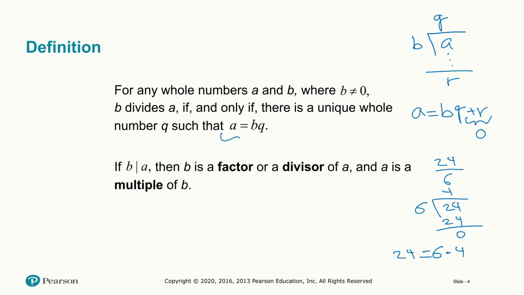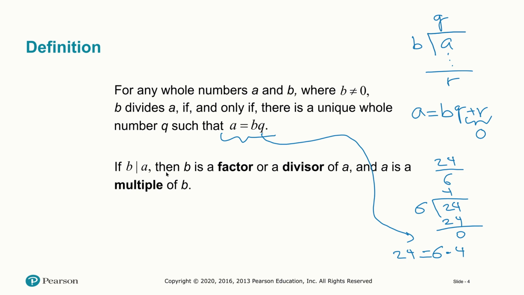This is all that's meant by a statement like this, with no plus r being needed. It means one number divides the other cleanly, with no remainder left over.